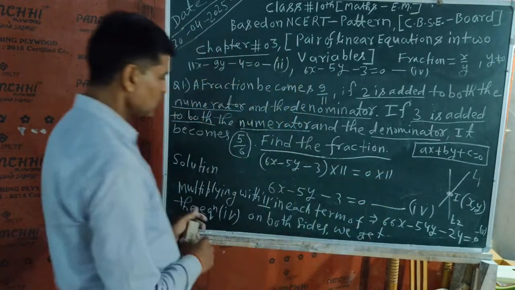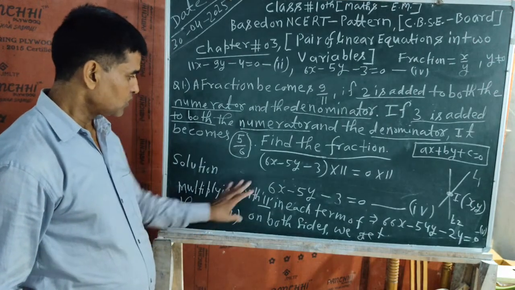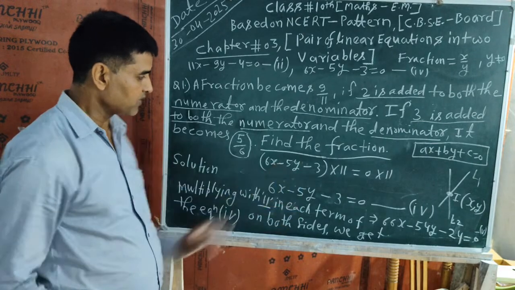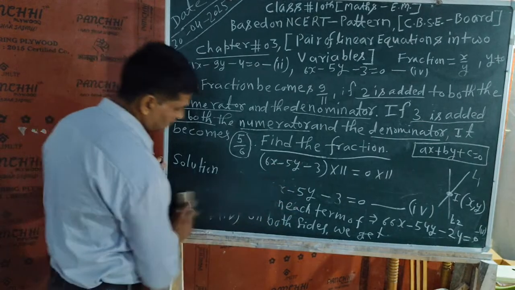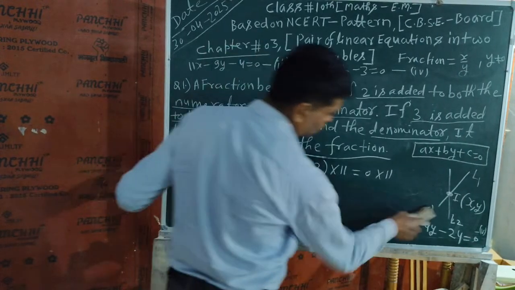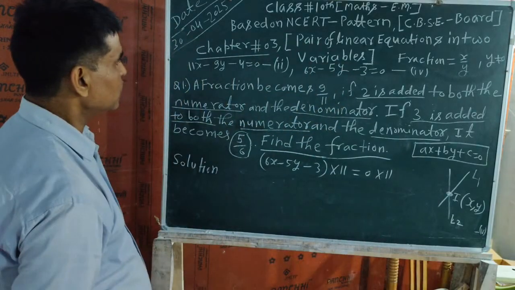Okay, students, this instruction I have already used, so we have to erase this for further calculation. If you have any doubt, you ask, and I will also resolve it.